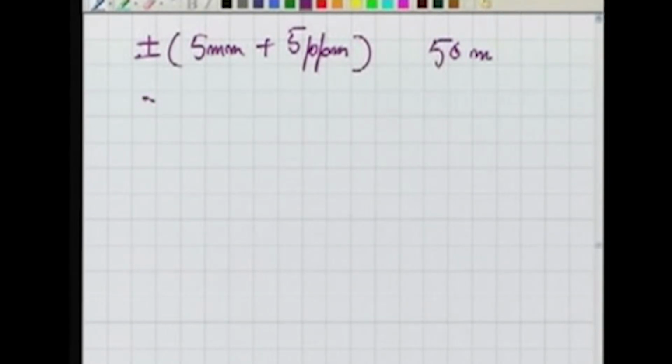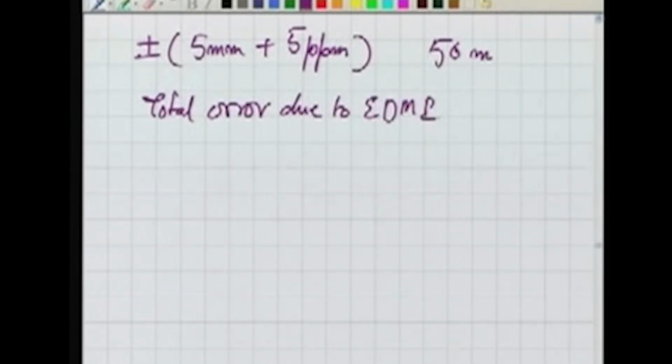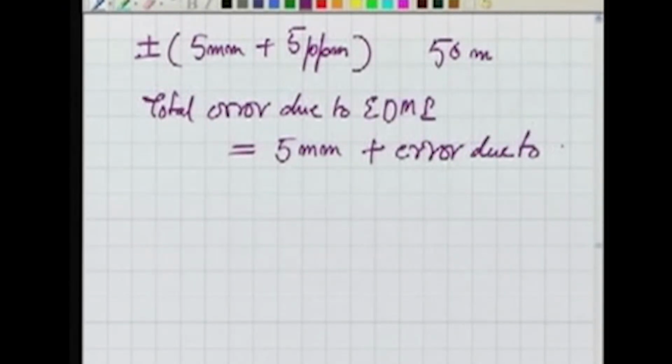Now the total error due to the EDMI, what will it be? We are doing a very rough computation. It will be 5 mm. 5 mm is always there because this is the error in the instrument. It's a constant error. Plus the error due to B. Now what is B?